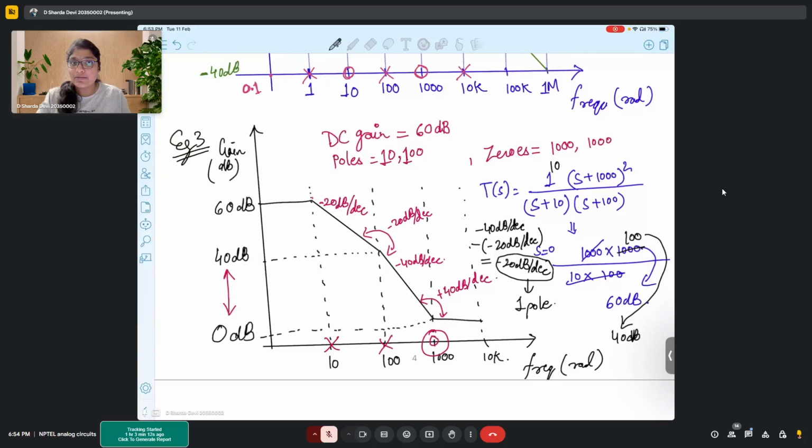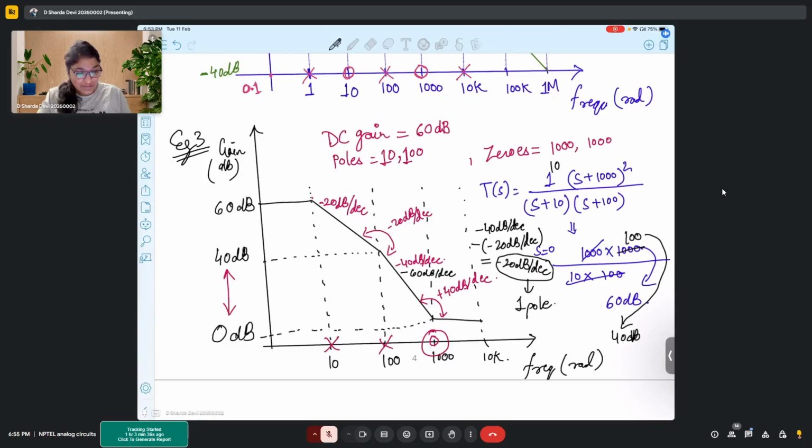Okay, ma'am. If there are two poles there, then if the slope would have been, let's say, minus 60 dB per decade over here, then you can see the slope change would have been minus 40 dB per decade, which implies two poles.